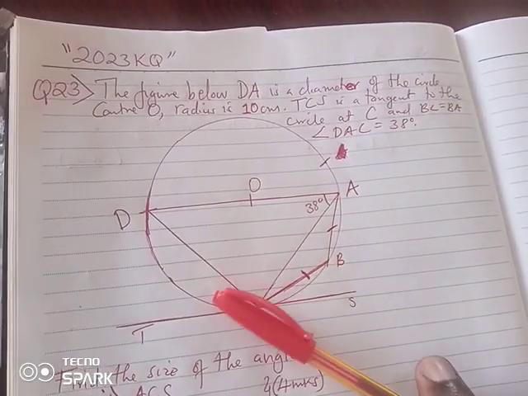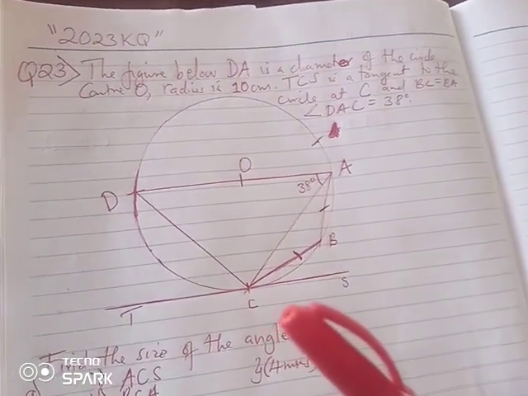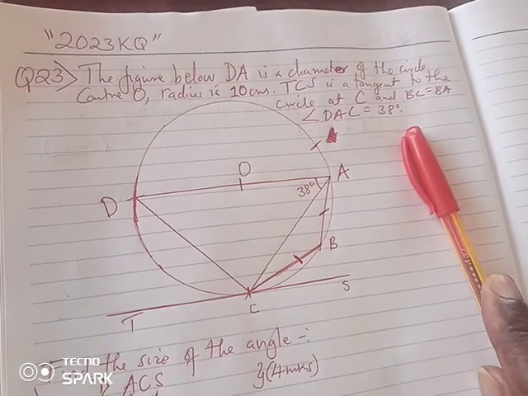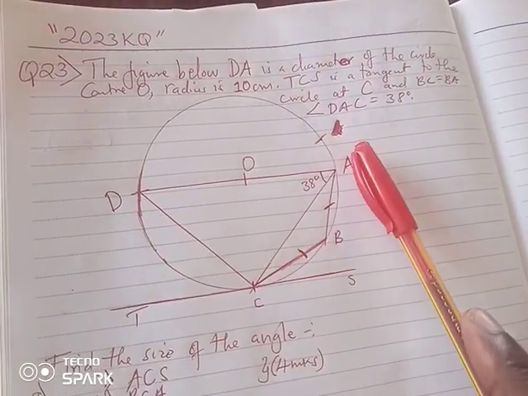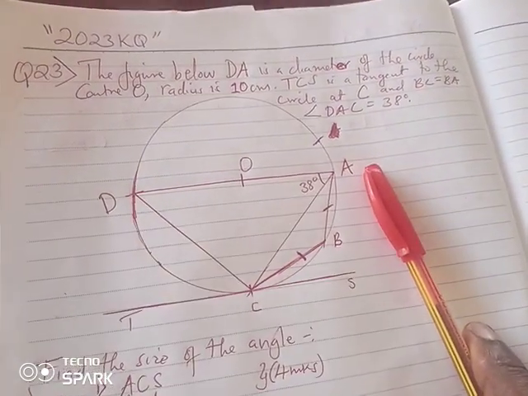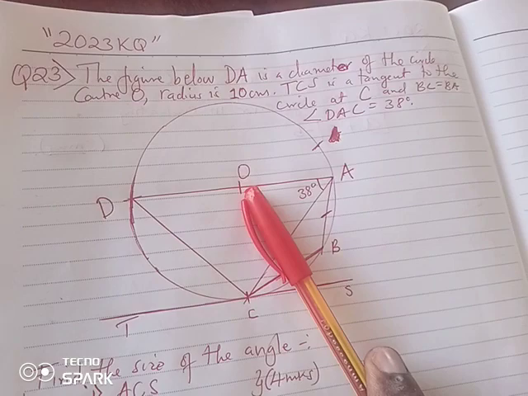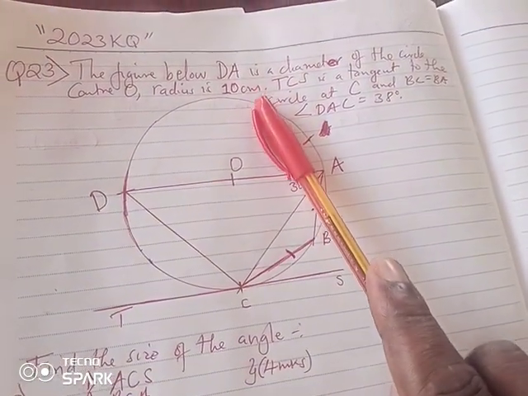And there we are, question 23, that reads: the figure below. DA is a diameter of the circle center O, radius 10 centimeters.